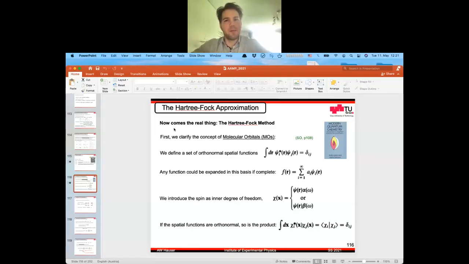And Hartree-Fock theory is a theory that allows us to derive a set of orbitals in a minimization procedure. So we are looking for the lowest possible electronic state of a given molecule.